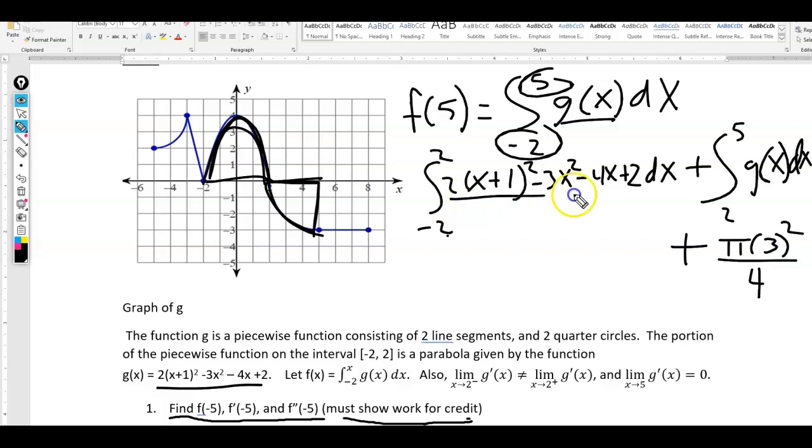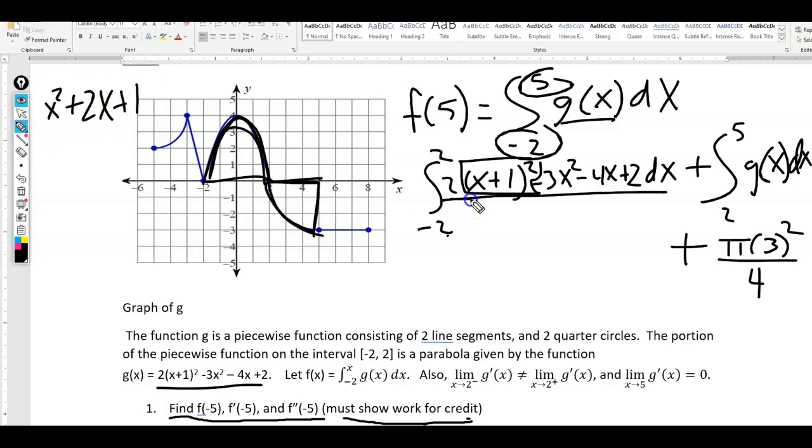As for this piece over here, we're going to have to simplify that a little bit. Let's start by doing the exponent, x plus 1 to the second power. I'm going to show my work over here. If you do x plus 1 to the second power, you're going to get 2x squared plus, I'm sorry, that's not correct. It's x squared plus 2x plus 1.